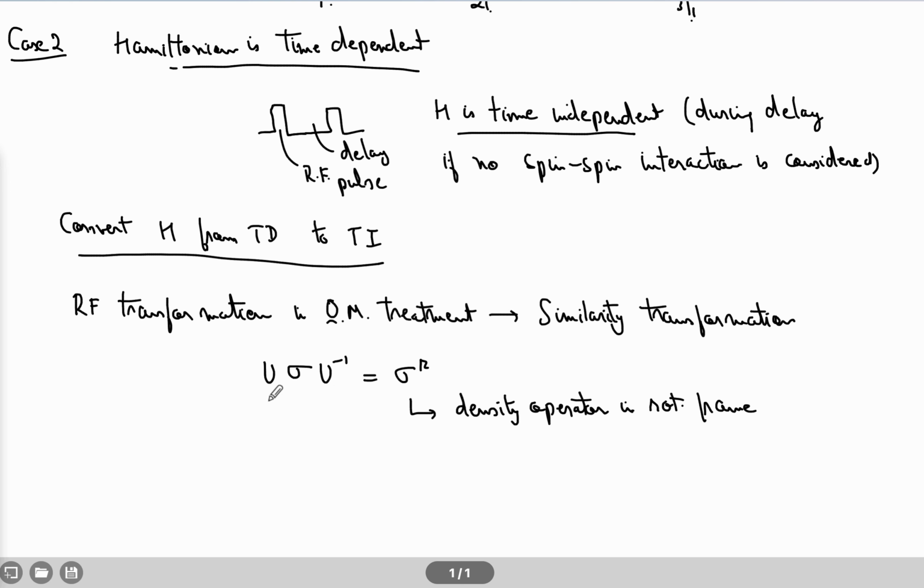So here σ and σ_R are called similar matrices.